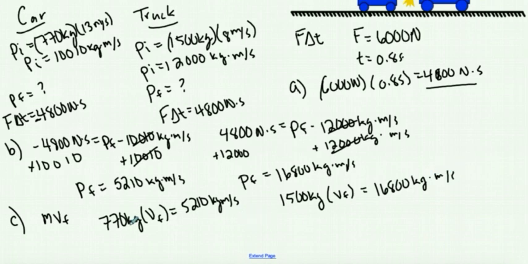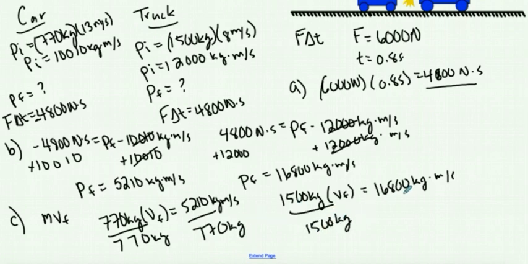So we just need to divide out these masses here to get what we want for our final velocity. Okay, so we'll divide by 1,500 here. So let's do that and see what we get for our final velocities.